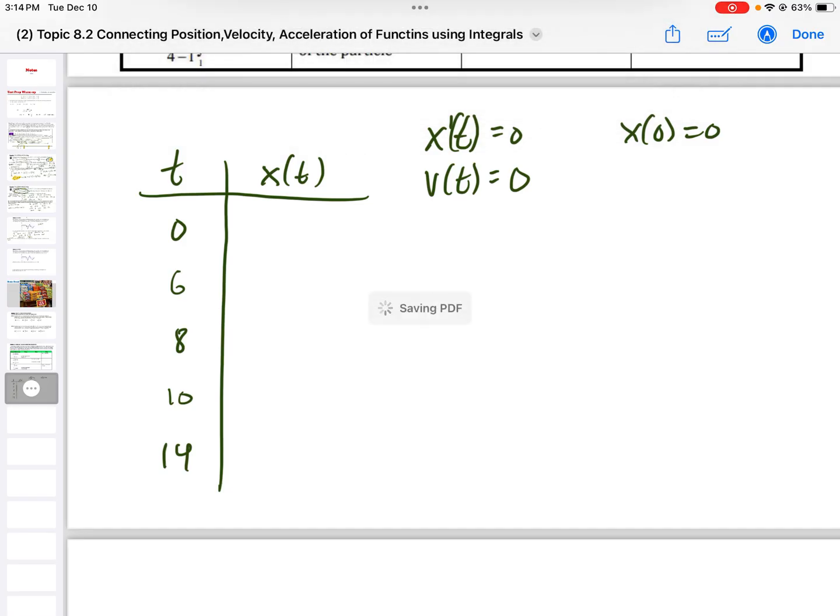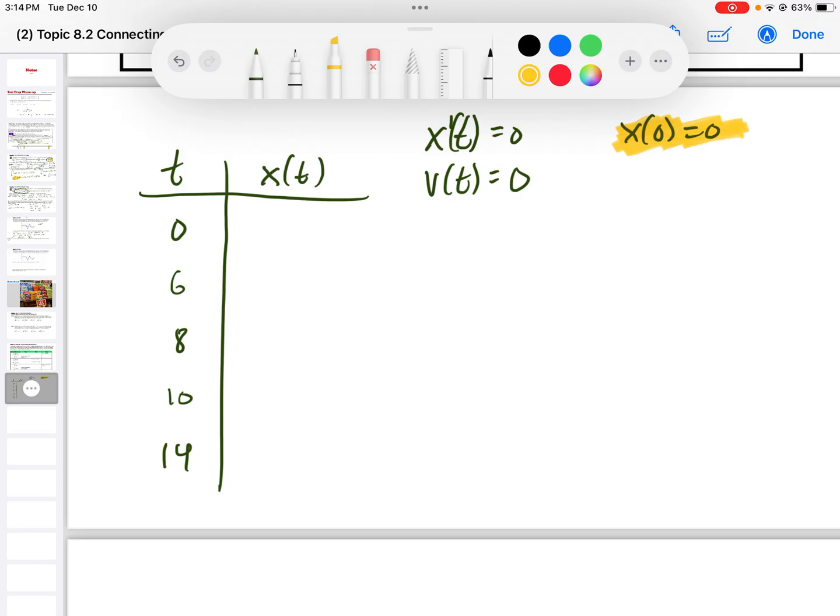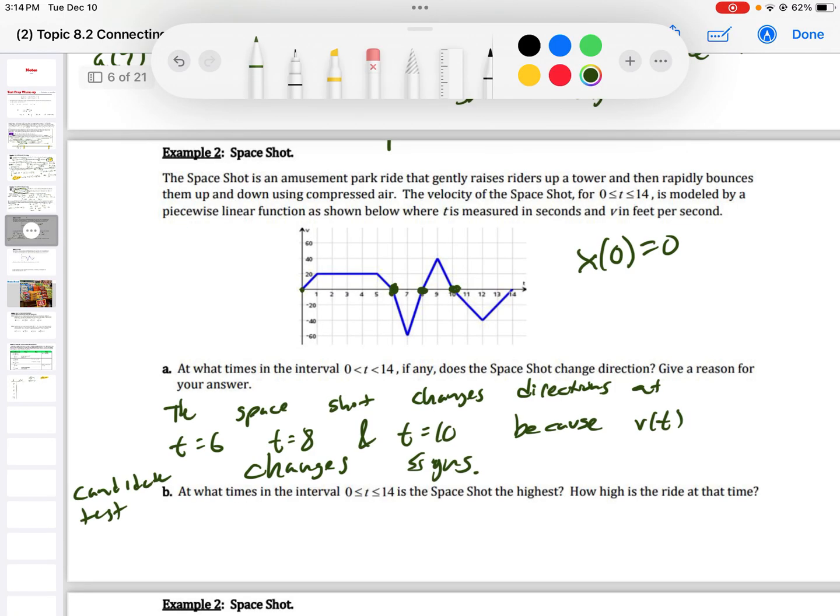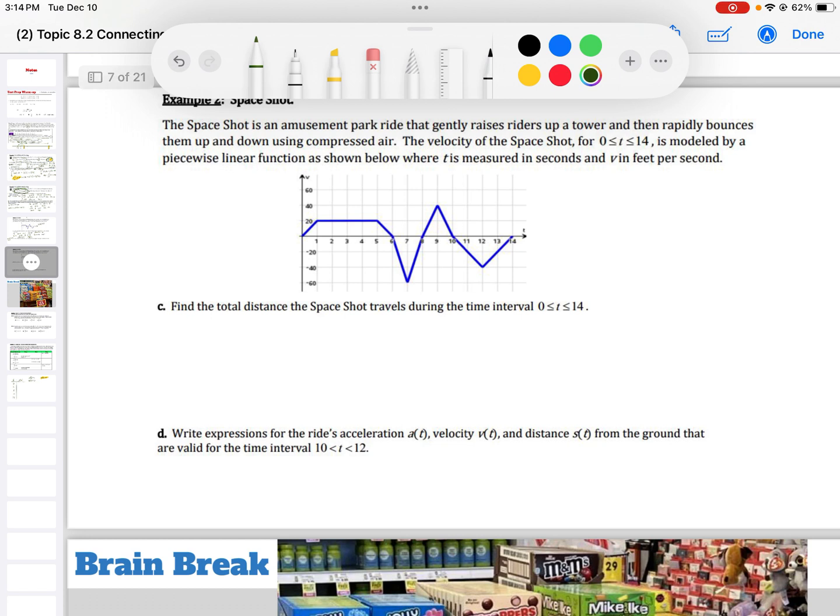All right, so this is an instance where I have an actual number on the antiderivative and a graph of its derivative. So this is the v function, right? v of t.